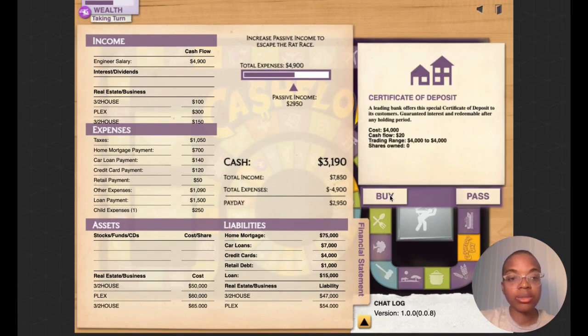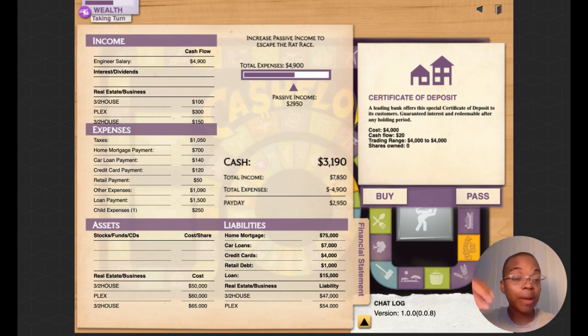I'm gonna do another small opportunity right here. Certificate of deposit. So a CD. A leading bank offers a special certificate of deposit to its customers, guaranteed interest and redeemable after any holding period. A certificate of deposit essentially is when you put a portion of your money into the certificate, and it matures at a certain APR, annual percentage rate, right?